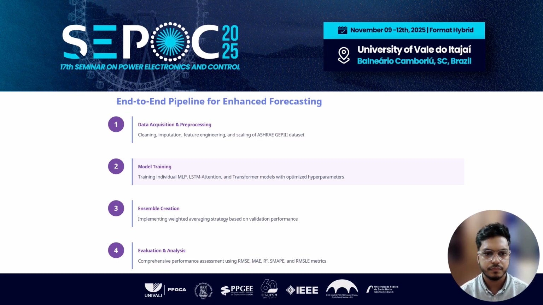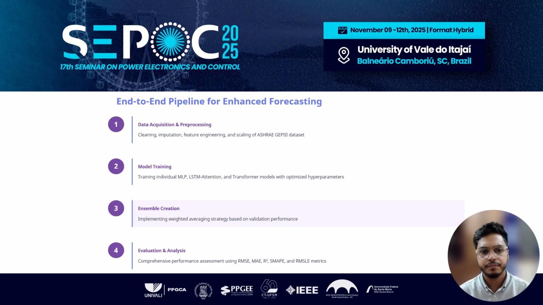Then step 3, which is ensemble creation. This is our primary contribution, which is implementing the weighted averaging strategy based on the performance of the individual models on the validation set.